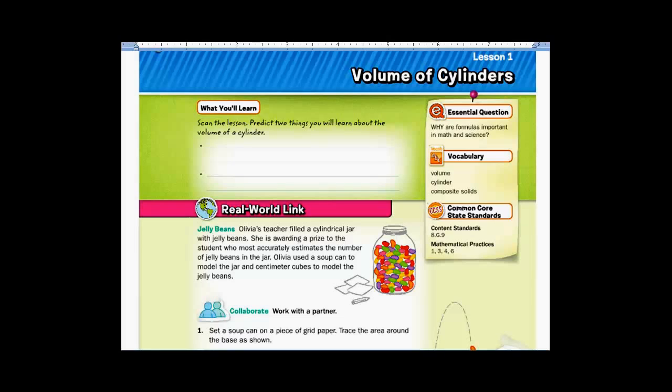All right. So until now, you've probably done volume of a cube or volume of a prism.